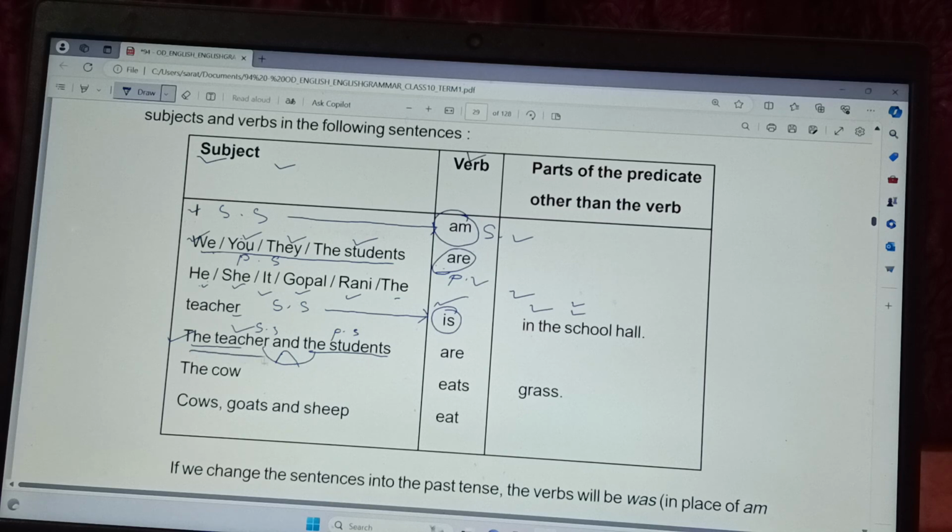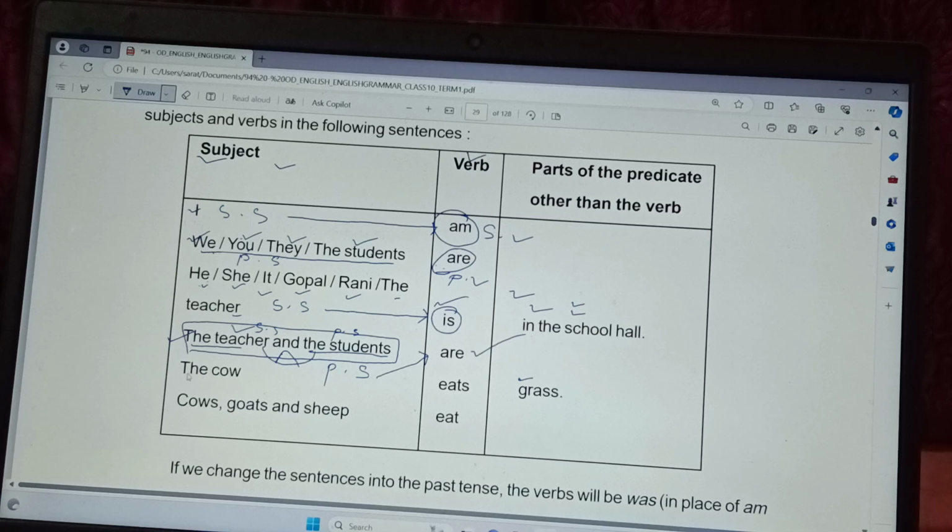So this subject we say is plural, guys. So a plural subject agrees with the plural verb, guys, are. So we can say the teacher and the students are in the school hall.